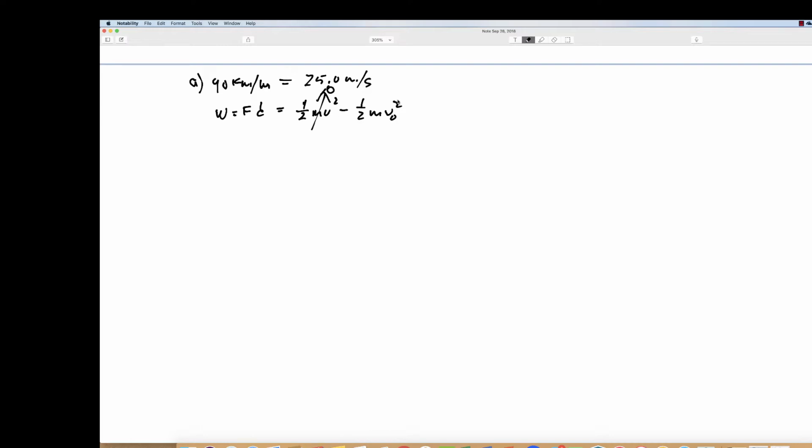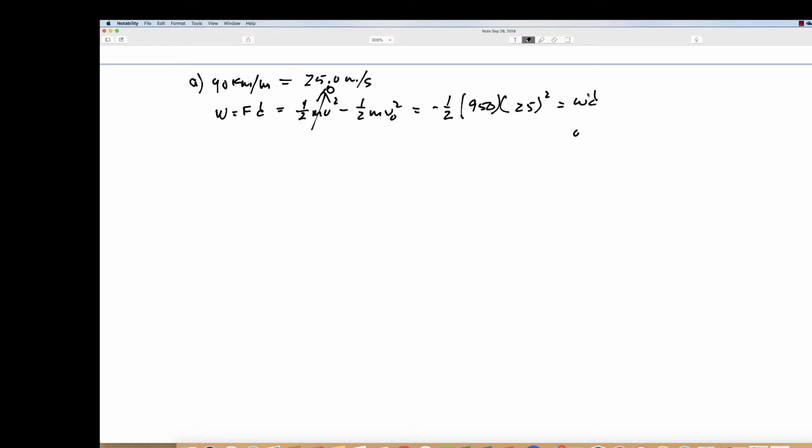Velocity at the end is 0. So you end up with minus 1/2 the mass, which is 950, times 25 squared. And if you do the math here, that's going to be equal to the work, which equals force times distance.